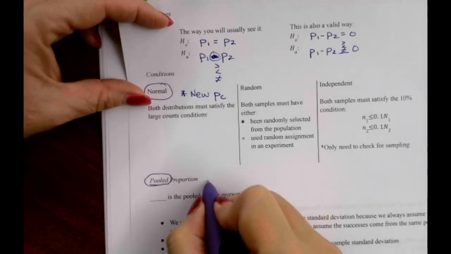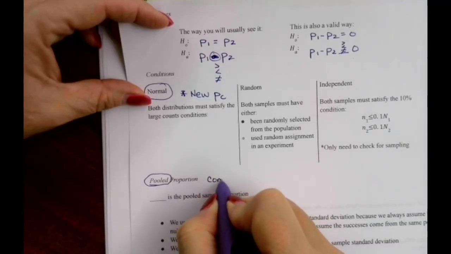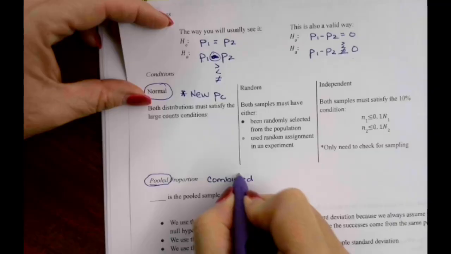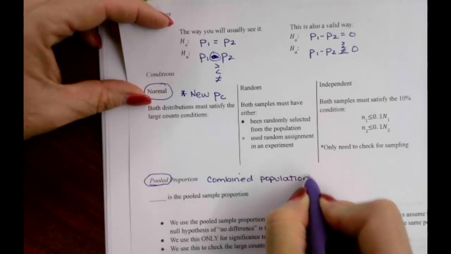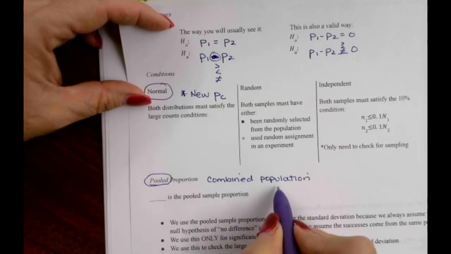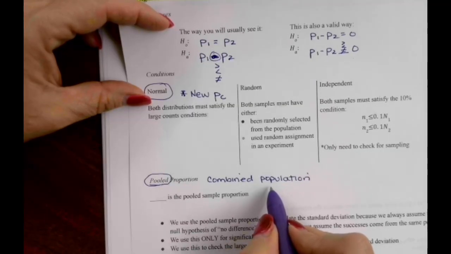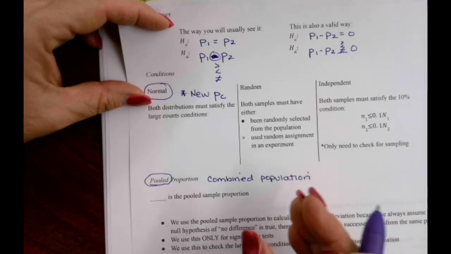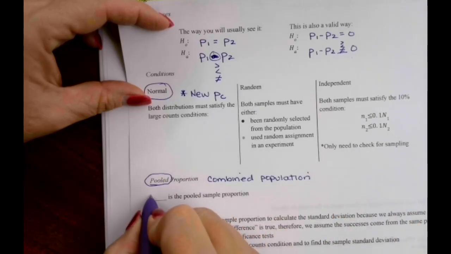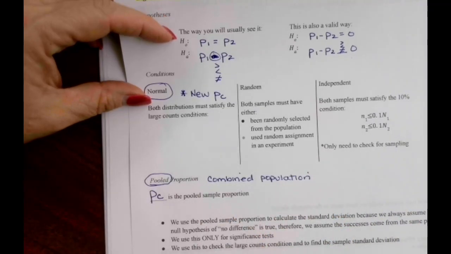That's what it's called. It's not called a combined population. It's called a pooled population, which means we're going to put these together. This pooled sample proportion is really our population. We're taking everything and combining it. We use this value of P sub C.